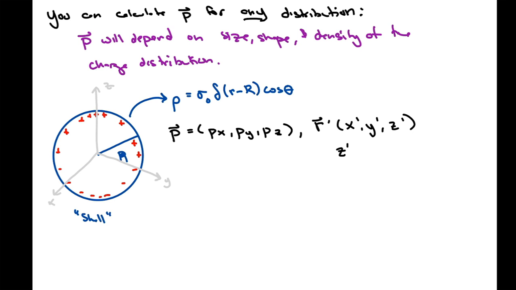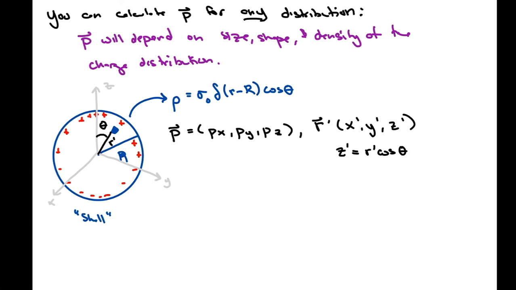If I want to specify a particular spot here, theta would be measured as the angle from the z-axis, and therefore z would be equal to our r prime, which is what this is, times the cosine of theta.